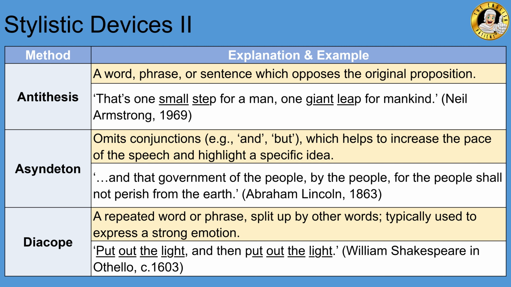So notice how he was saying the same thing again, but actually what was intended and what was meant here was that a person was going to die. So they were saying, "Put out the light, turn off the light, and then turn his lights off. Put out his light." And that was what was intended. So it's being used here to emphasize the emotion which is being felt by the people involved.